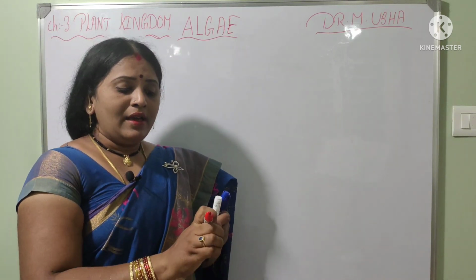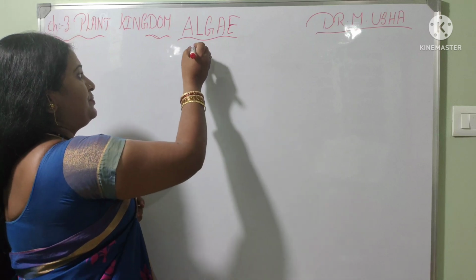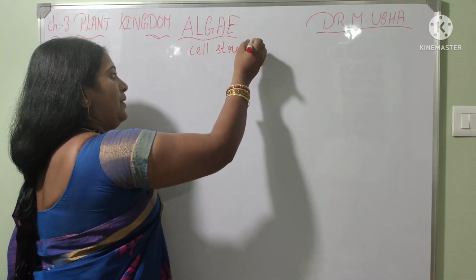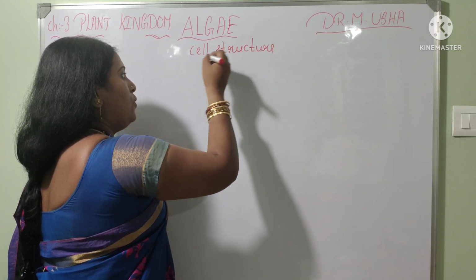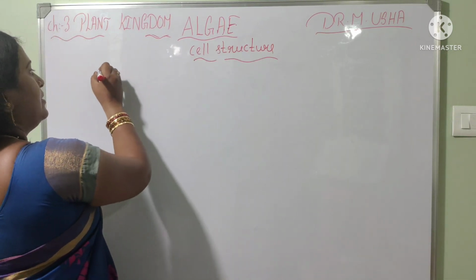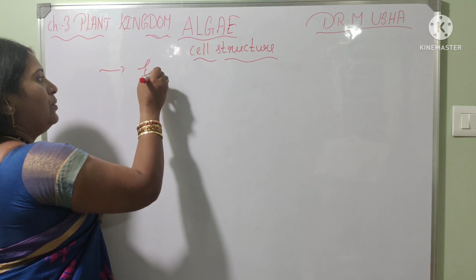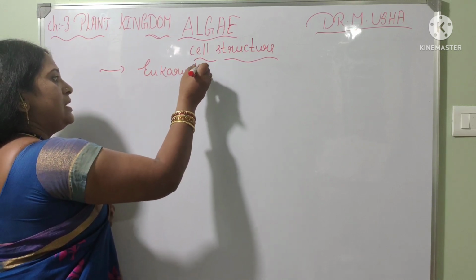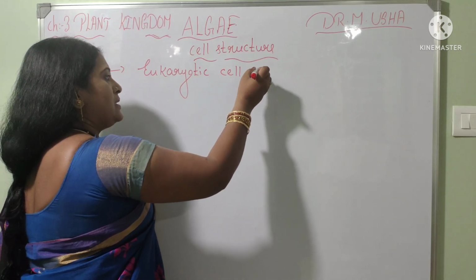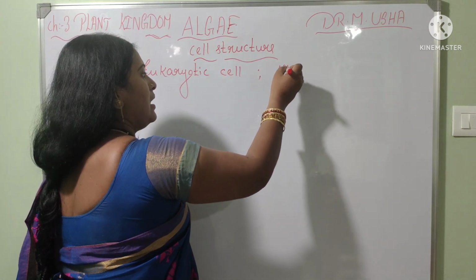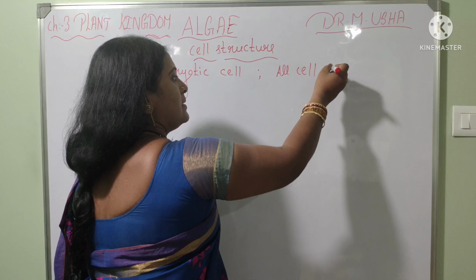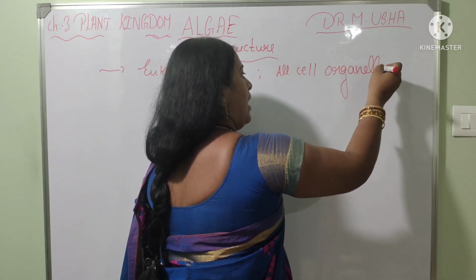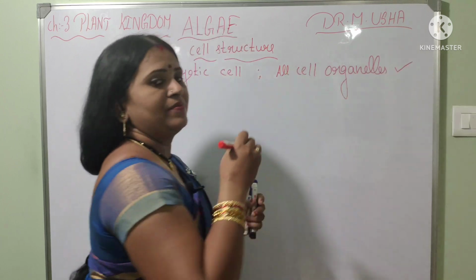So in the algae cell structure, if we are observing, it is a eukaryotic cell. It means all cell organelles are present.